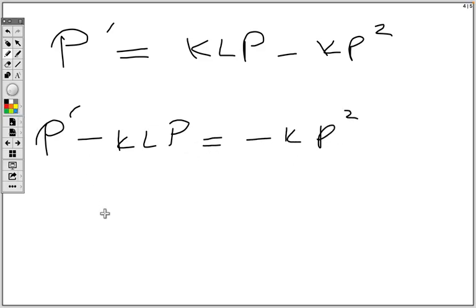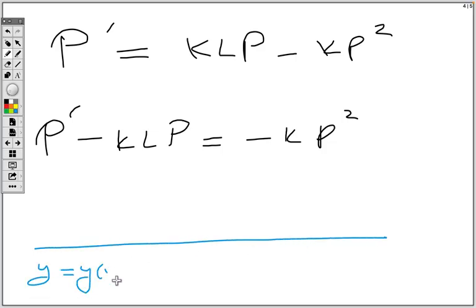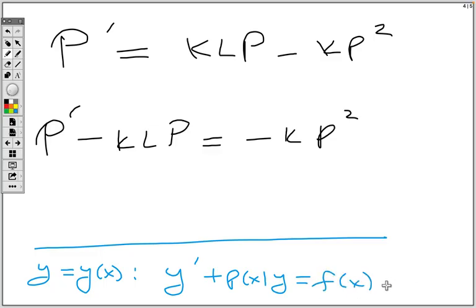And remember, for us, for Bernoulli, when we're thinking of y as a function of x, we're looking for y prime plus p of x y equals f of x y to the r power. Here, the dependent variable is p, the independent variable is t.